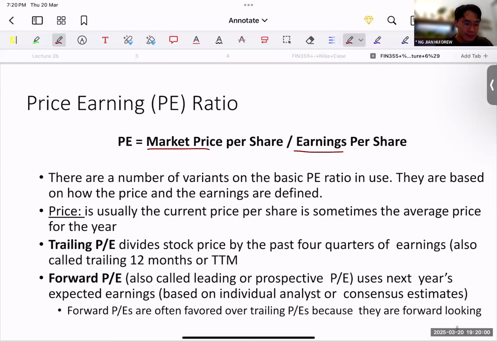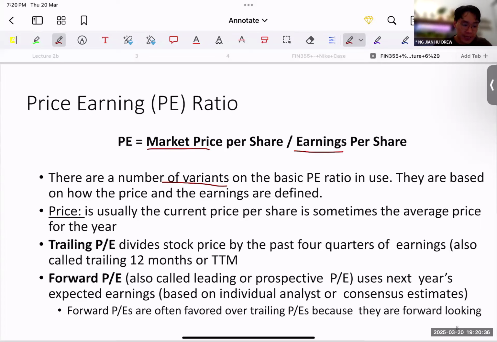There are a lot of variations of this price to earnings ratio. But before we look at all these details, the idea is this: we want to see how the market is pricing this company based on the earnings. I repeat again, the purpose of this ratio is to determine how the market is pricing the company based on the earnings. So that's market price divided by earnings.